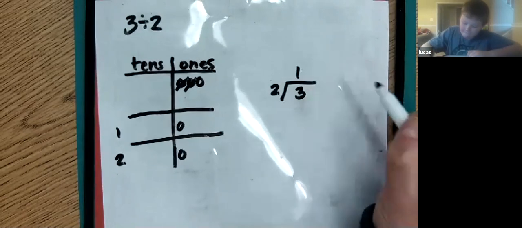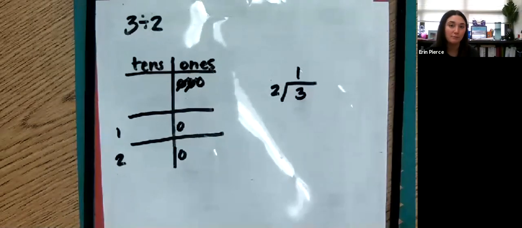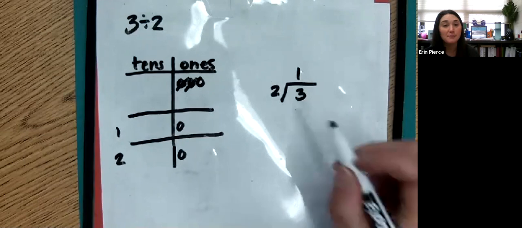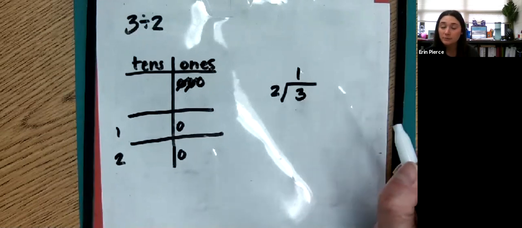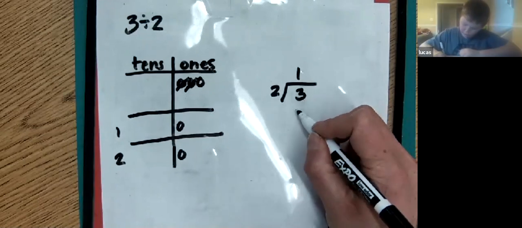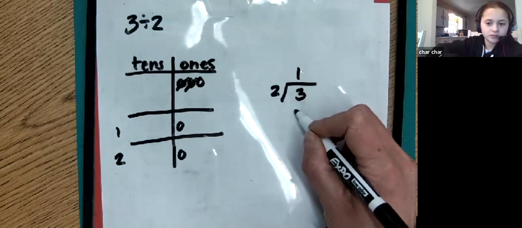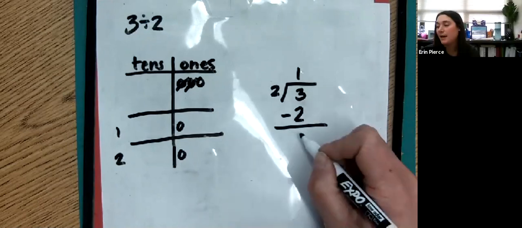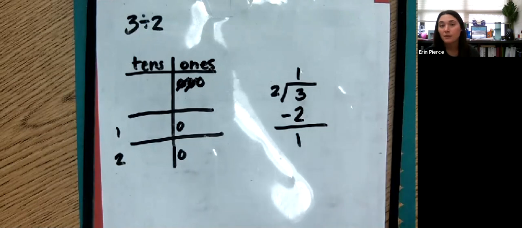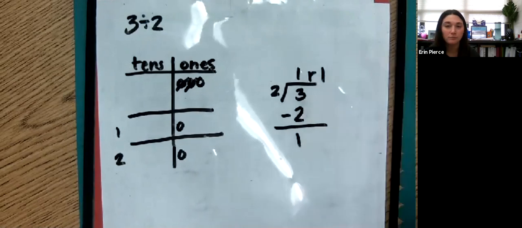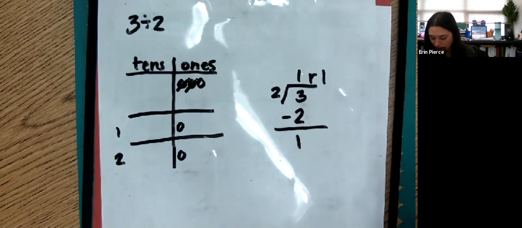So now I do 2 times 1. 2 times 1, Charlotte? 2. I subtract and I get 1. So I have 1, remainder 1.